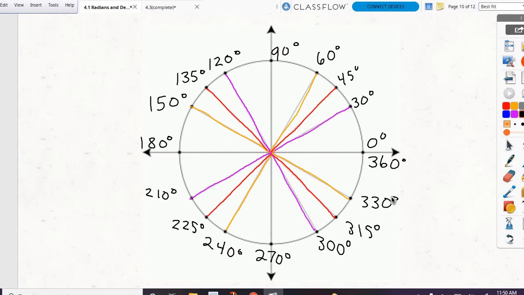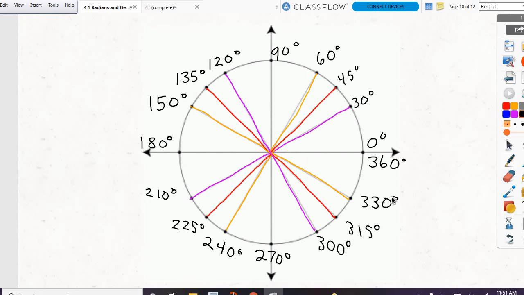So these are our special angles in degrees, and we do need to have these memorized. But do I really have to memorize the entire circle? I need to know the rule to find it, right? So which quadrant do we have to have memorized? The first one. As long as we have that one memorized, I can add 90, 180, and 270 to each of those to figure out what the other quadrants would be.